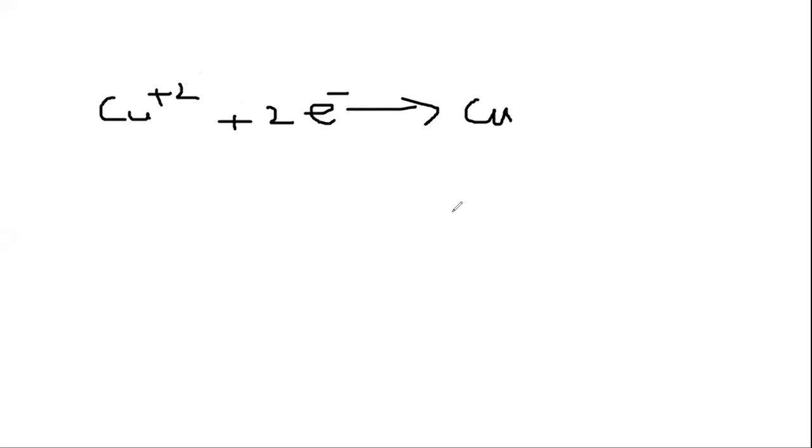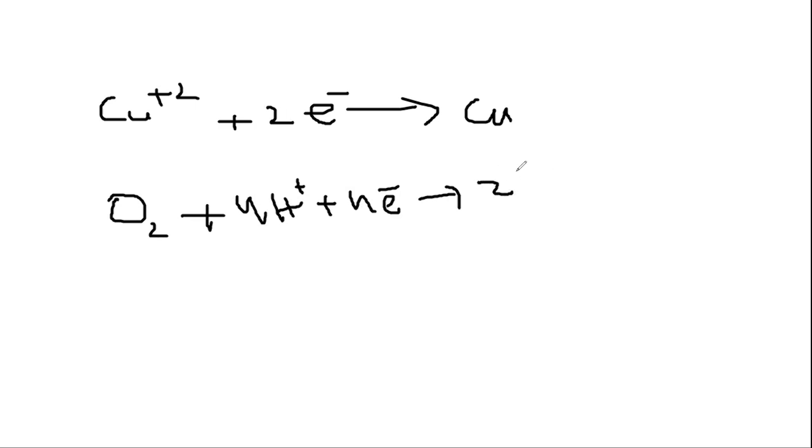And there is another half cell. Instead of zinc, I'm taking another half cell: O2 plus 4H+ plus 4 electrons forming 2H2O. You can take any half cell.